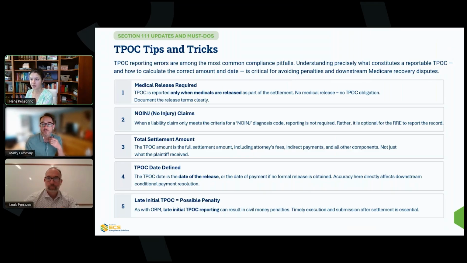Great, thanks, Marty. Before moving to TPOC, I know we were just talking about ORM, and again, most liability claims are ORM no, but if you're talking about claims where you do have ongoing responsibility for medicals, there was a recent update to the user guide that allows for ORM to be terminated for any other reason not prohibited by the insurance contract or applicable state law.